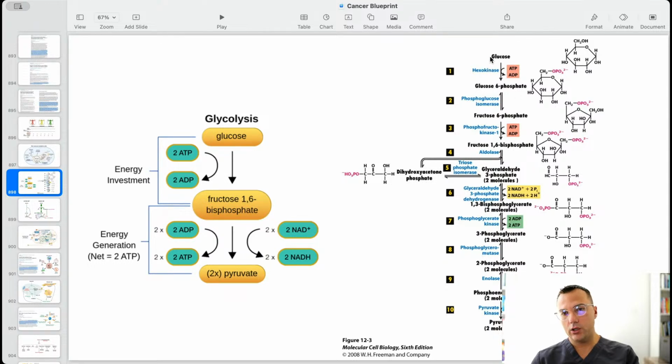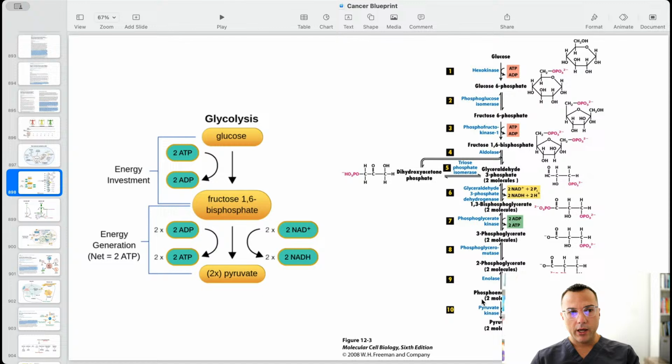So if you could follow along here, glucose is converted to glucose 6 phosphate via an enzyme called hexokinase. And then glucose 6 phosphate is converted to fructose 6 phosphate via phosphoglucose isomerase, and so on and so on and so on.